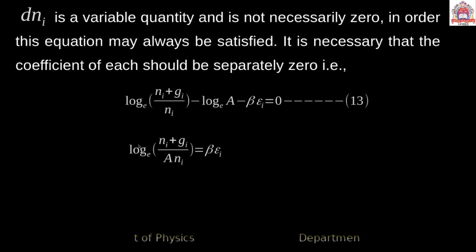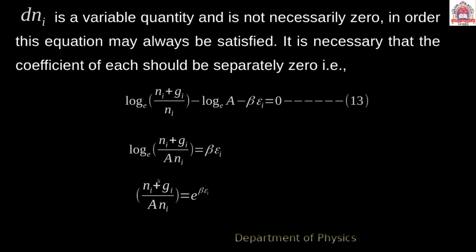So we get log_e of (n_i plus g_i)/(A n_i) is equal to beta epsilon_i. Again rearranging, the log goes to this side, so we get (n_i plus g_i)/(A n_i) is equal to e raised to the power of beta epsilon_i.